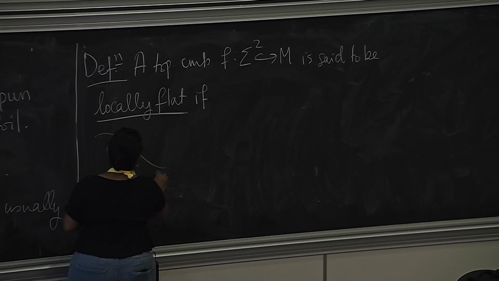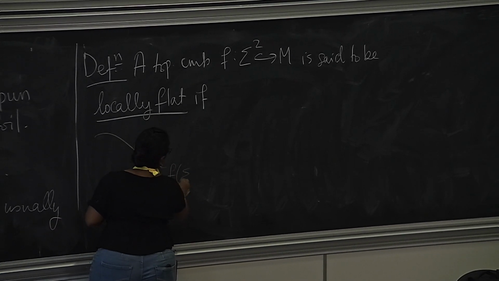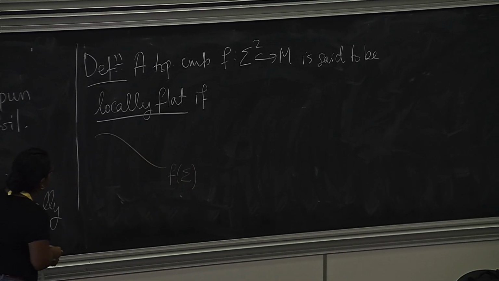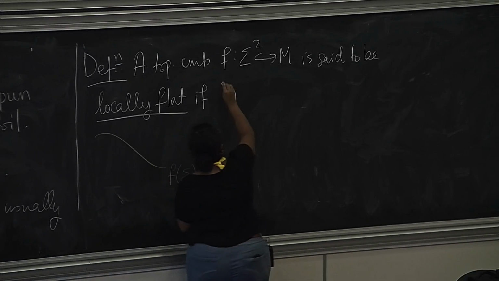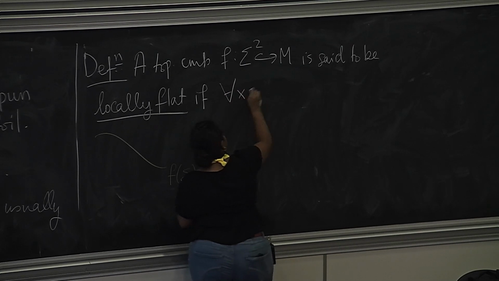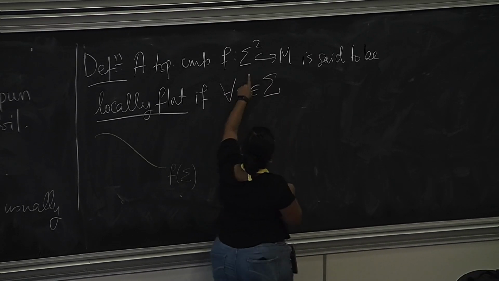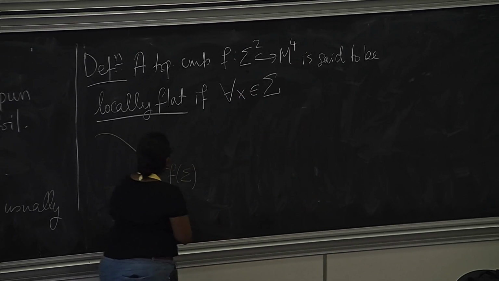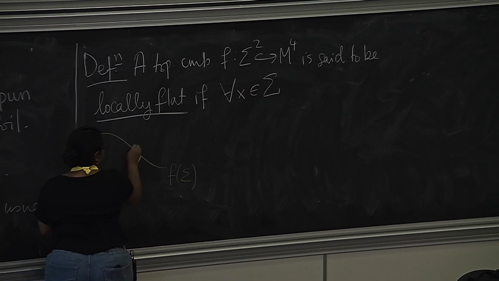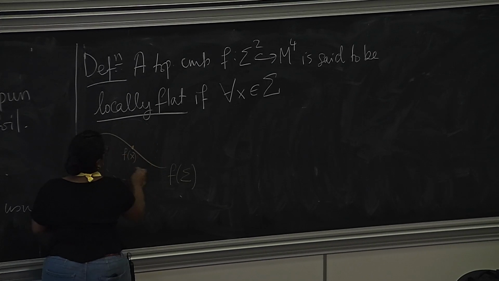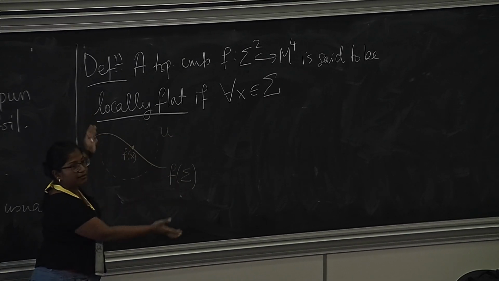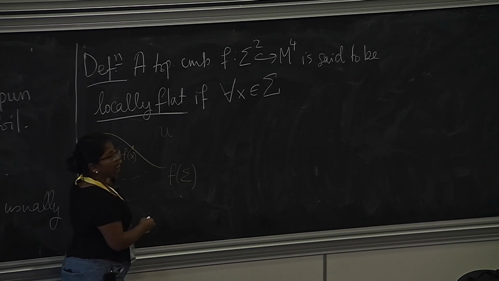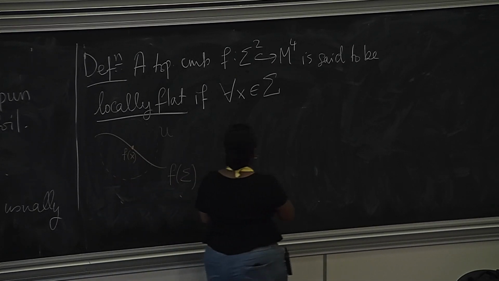So you have your picture f of sigma. What I want is for every x in sigma, this is a two-manifold, of course, and this is a four-manifold. For every point in the domain, I'm going to look at its image, f of x. I'm living inside of a four-manifold, so of course any point has a neighborhood that looks like R4.